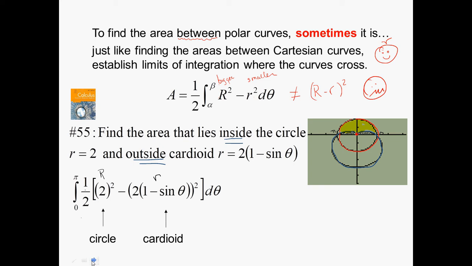Circle from 0 to pi is the largest area, minus the cardioid, and the cardioid is traced starting at 0, and you can again just get on your calculator and show that at 0 your cardioid starts here and goes that way for pi, and then in the third and fourth quadrants it's where all these values are, and I don't even need those.